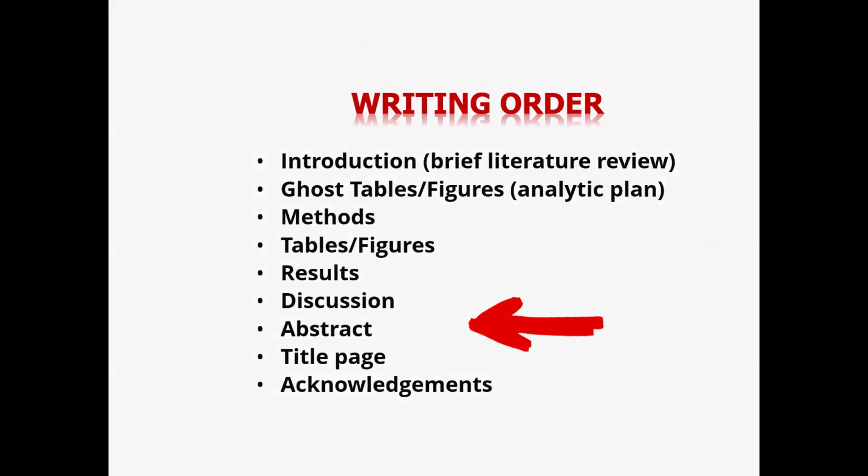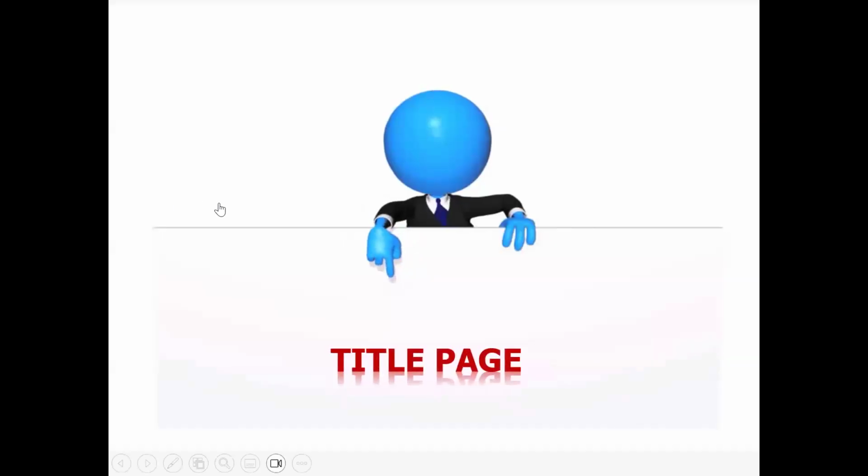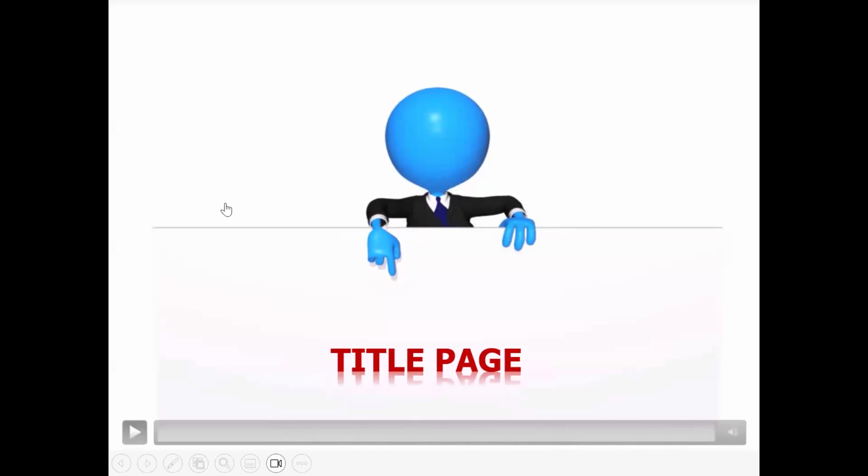Actually, we start with the introduction, and then we go to the tables and figures to put them in our mind: what I'm going to do, the shape of the tables and figures, and how to collect the results. Then we write the methods, and then the results and discussion. The abstract is the part written at the end of our scientific paper. So we'll start with the title page.